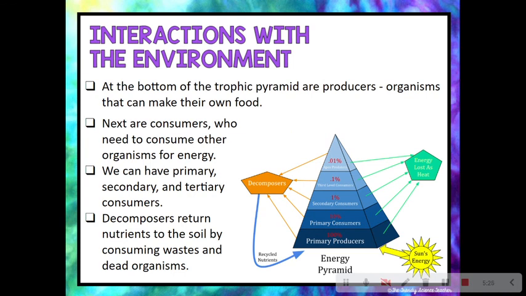If you look at the numbers here, we go from 100% to 10% to 1% to 0.1% to 0.01%. Every level that you go up in the pyramid, we are losing a consistent amount of energy. All of this energy is going to be lost as heat.